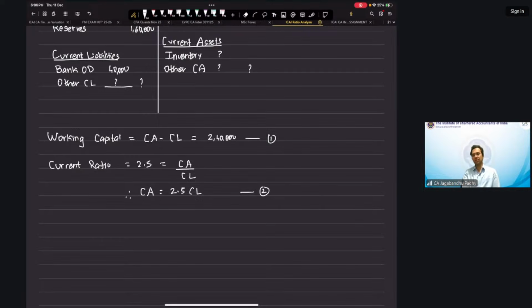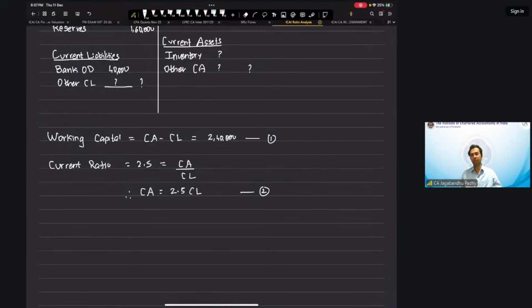Can you solve these two things and give me the value of current asset and current liabilities? Solving equation 1 and 2, you can solve it and give me the value of current asset and current liabilities. Can you do it? Can you calculate the current asset and current liabilities, guys?